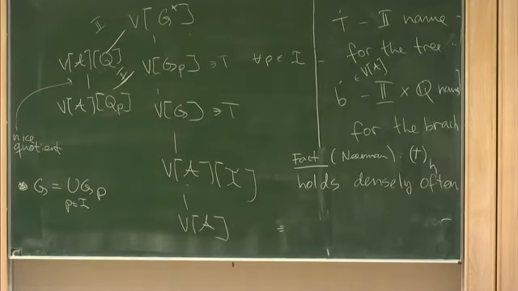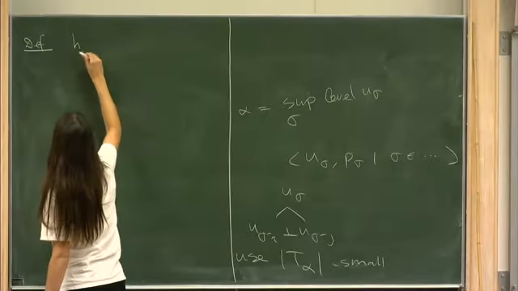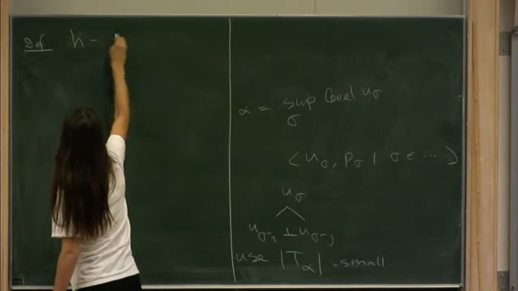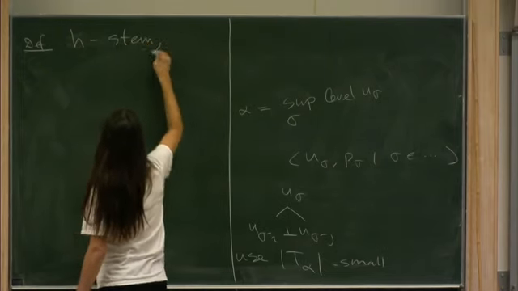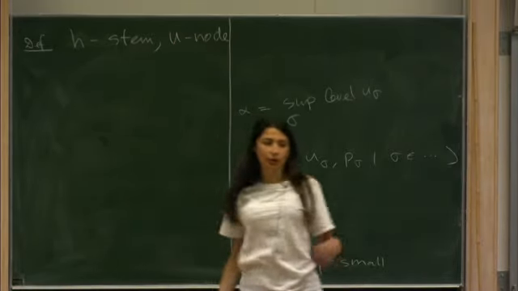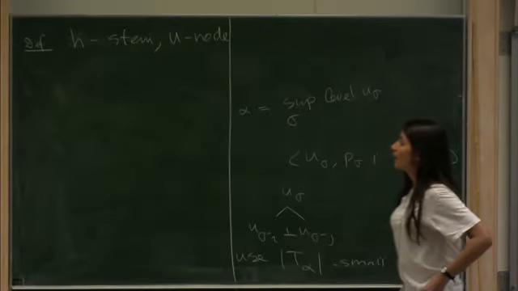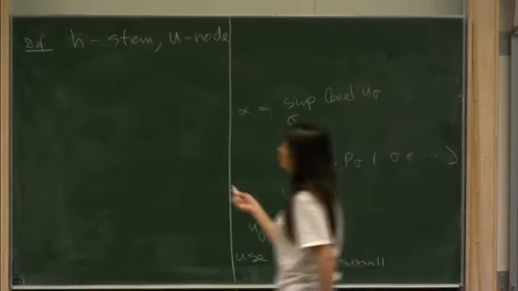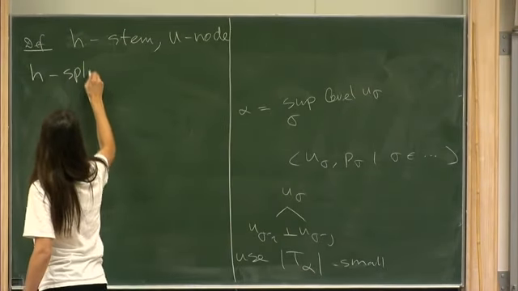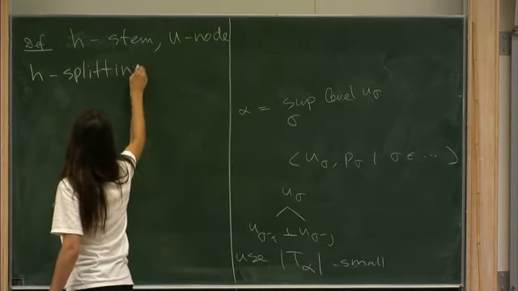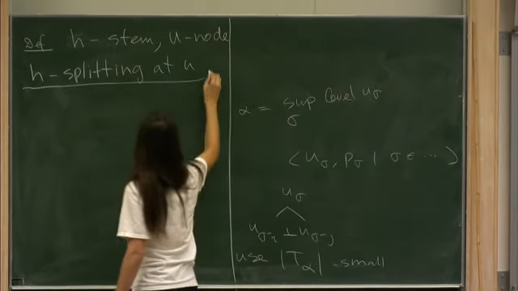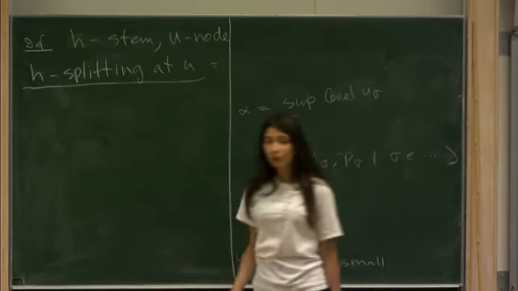H splitting: let H be a stem, and U a node on the tree, where node is just a pair of ordinals. H splitting at U holds if we have the following.